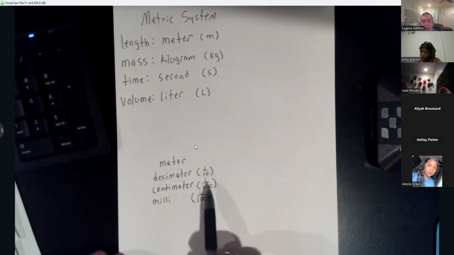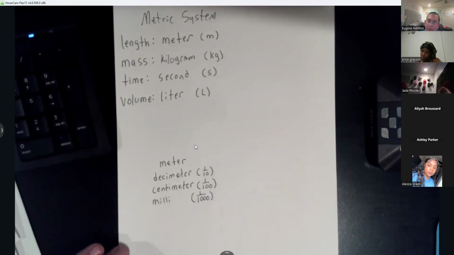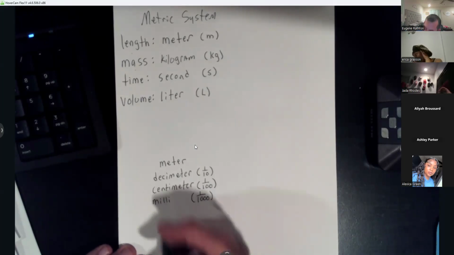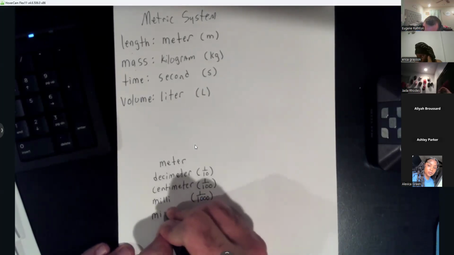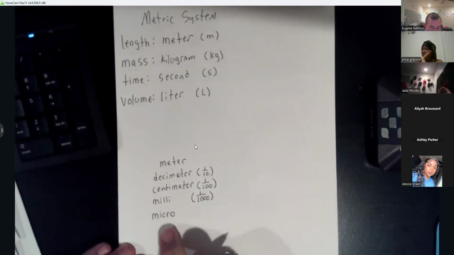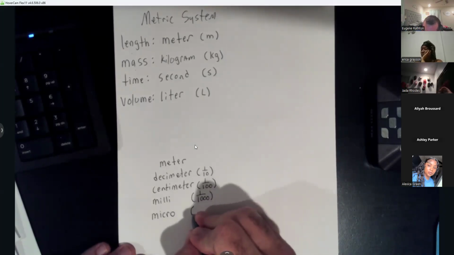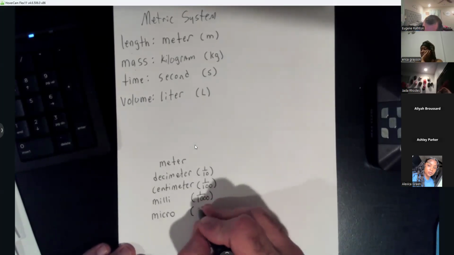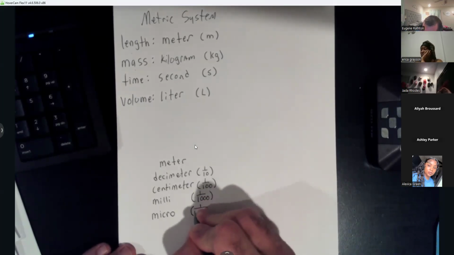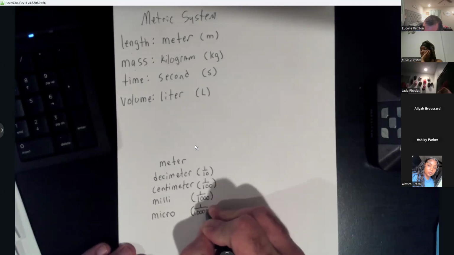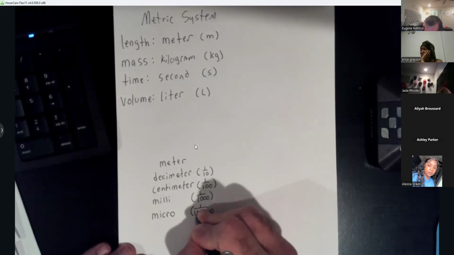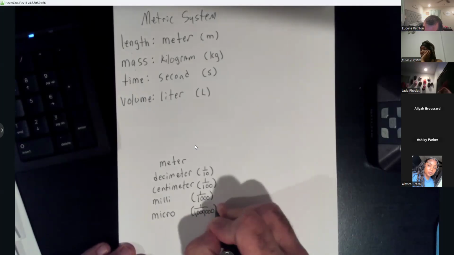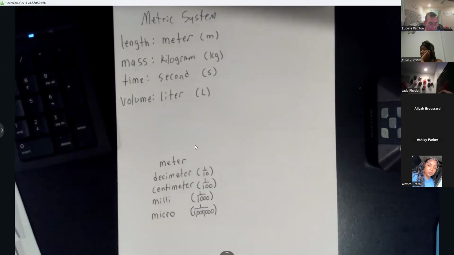So see how they're going by powers of 10? Further we go. All right, micro. Micro is 1/millionth of a meter.